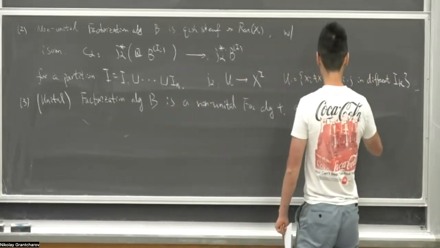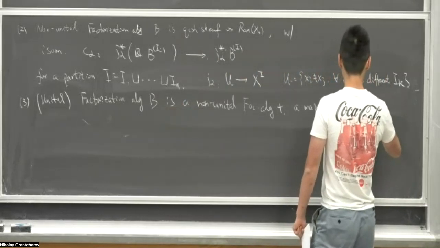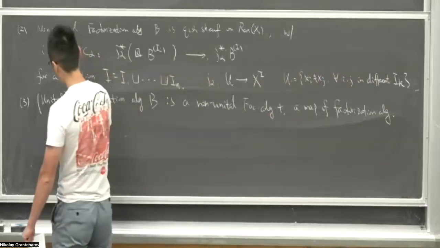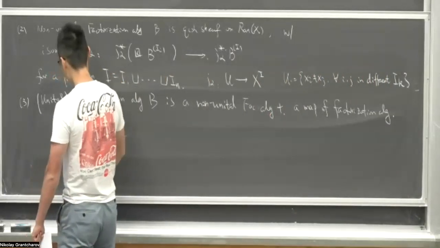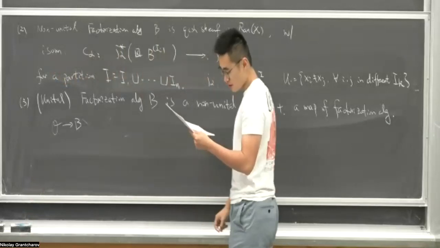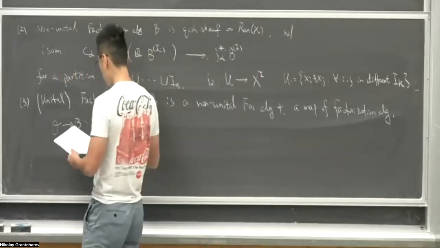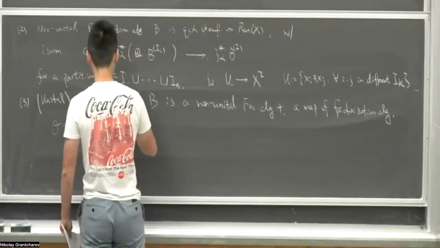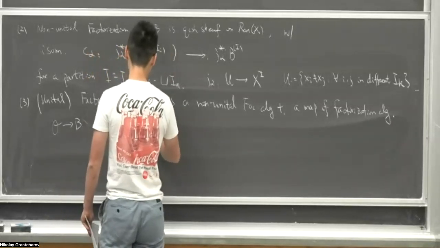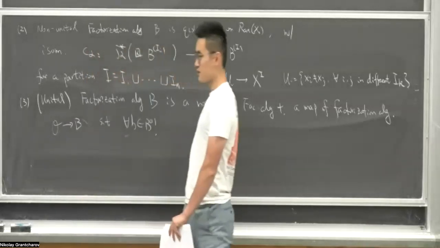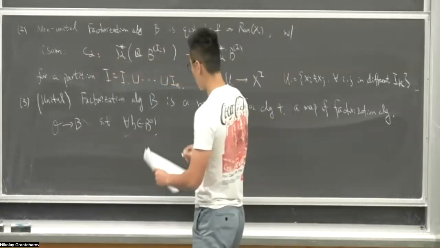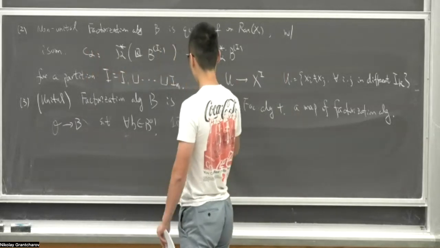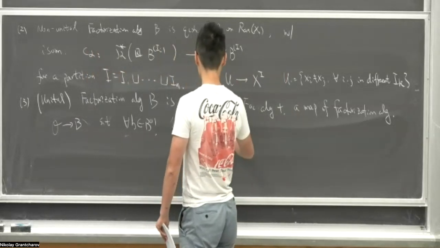A map of factorization algebras O goes to B, where O is the factorization algebra, of non-unital factorization algebra, such that B inside B_1. B_1 is the unit axiom, so I can consider one box B inside, right?